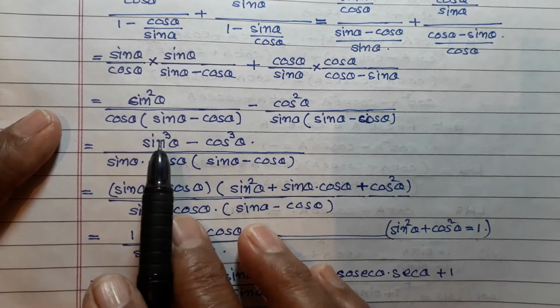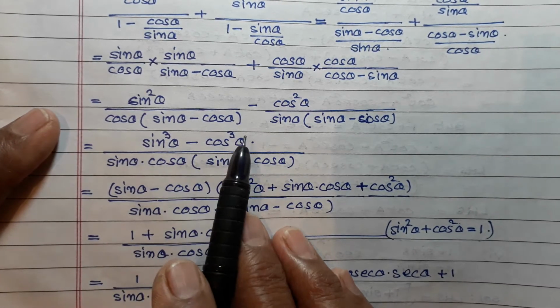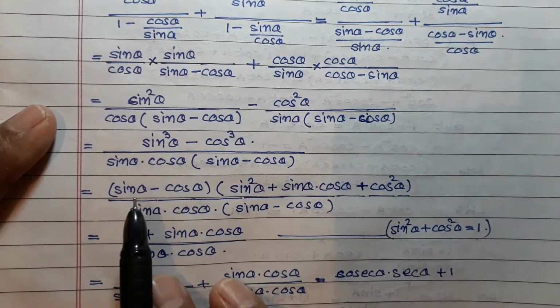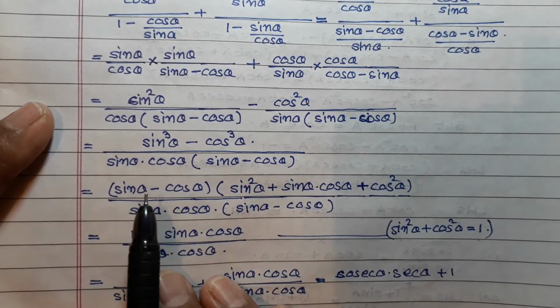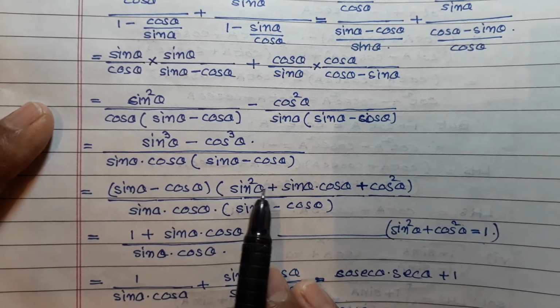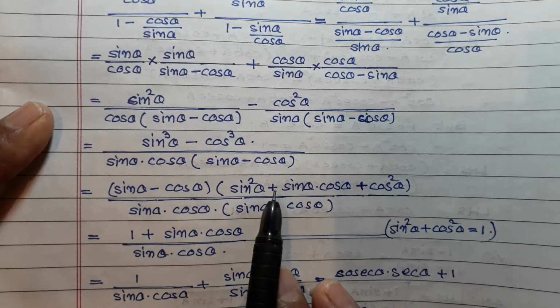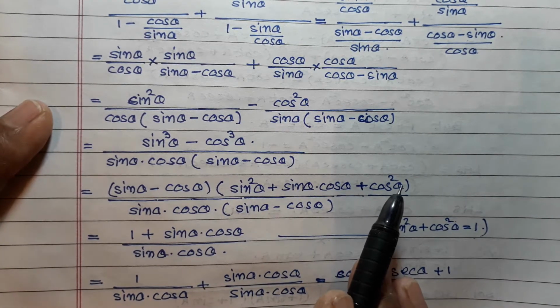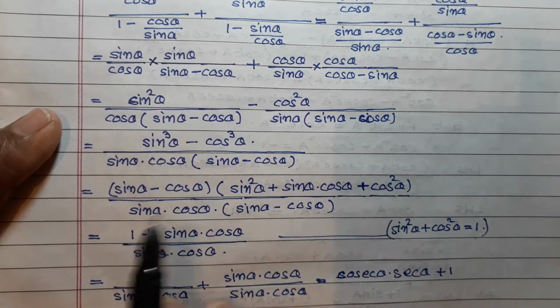And now this you use algebraic identity. So this is very important. So this is equal to sine theta minus cos theta into bracket sine square theta, this is minus, so plus sine theta cos theta plus cos square theta. Okay.